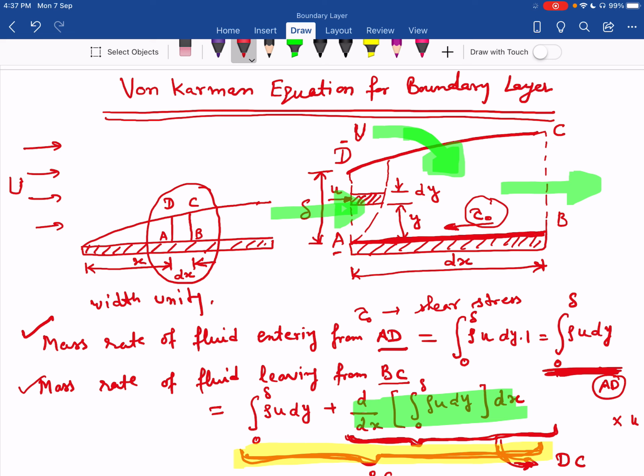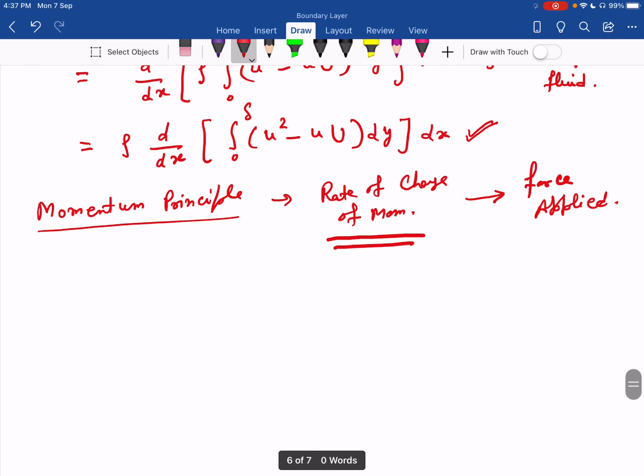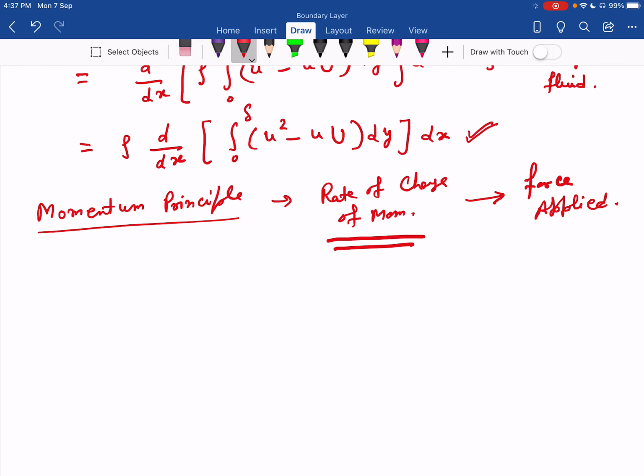This tau O is the shear stress multiplied by the surface area. So I can write the drag force as delta FD, that is tau into the area dx into 1.